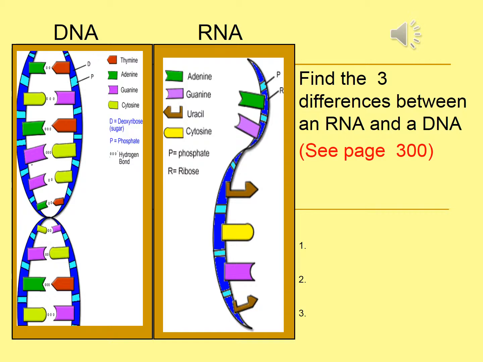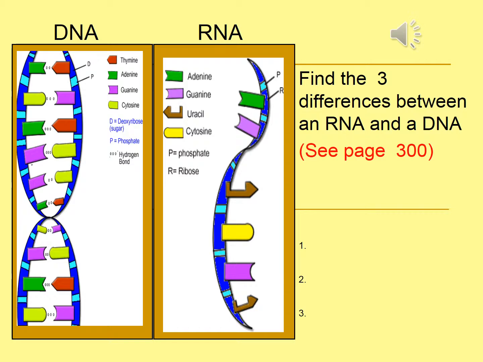The second difference, if you look at the list of ingredients on each of the pictures, is that DNA has thymine, adenine, guanine, and cytosine. If you look at the ingredients on the right for the RNA, you've got adenine, guanine, uracil, and cytosine. You should be able to note a difference between those two. DNA has thymine and RNA has uracil.